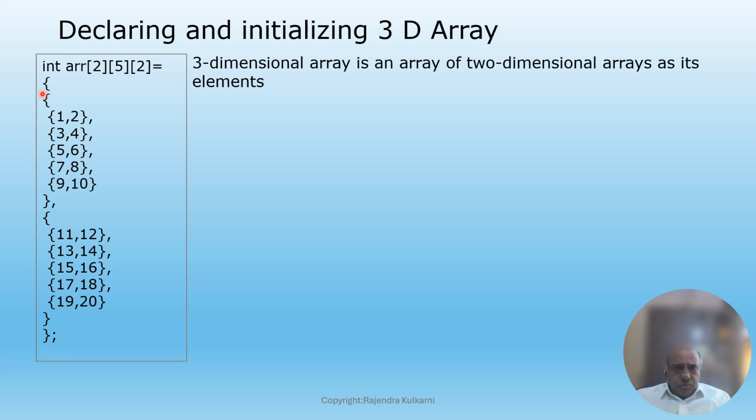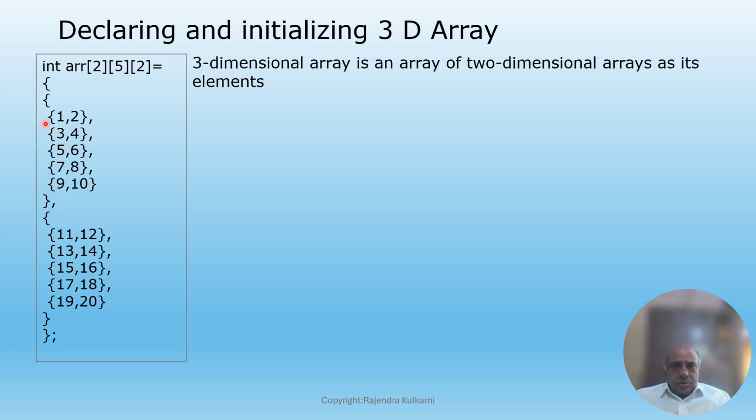Within these two opening and closing braces, there are two braces again in which we have written the elements or the constants which will be forming elements of this 3D array.